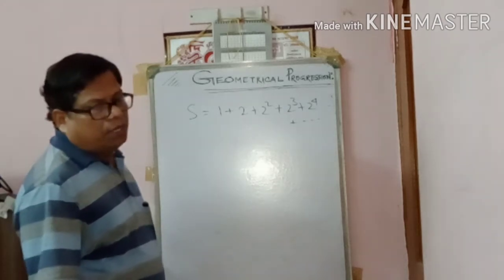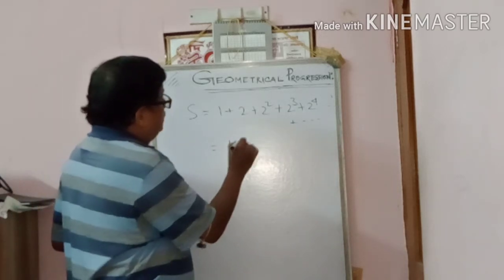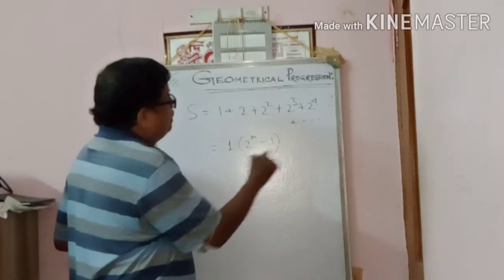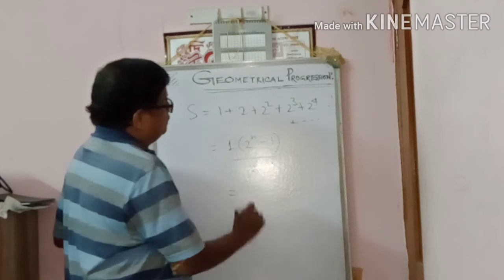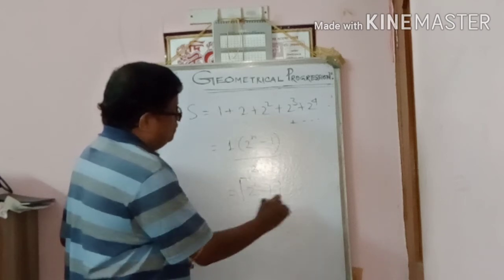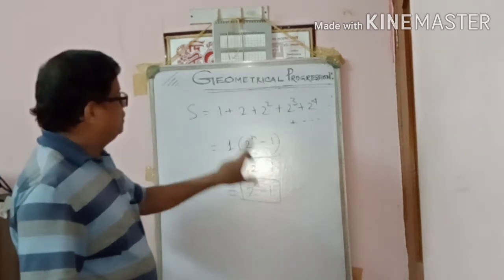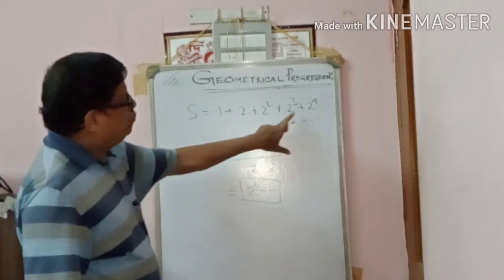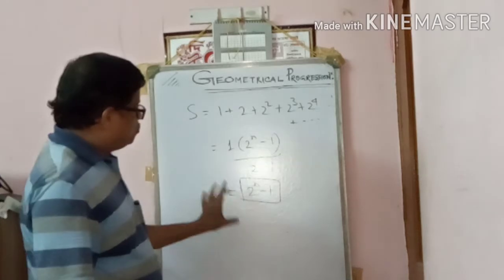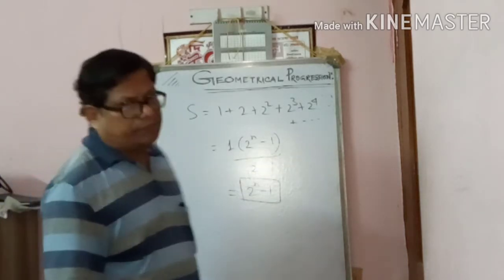Okay. So we can apply here A into 2 to the power n minus 1 by 2 minus 1. That is 2 to the power n minus 1. This is the answer. Okay. 2 to the power n minus 1. 1 plus 2 square plus 2 cube plus 2 to the power up to n. So 2 to the power n minus 1. Okay. The sum of the terms.